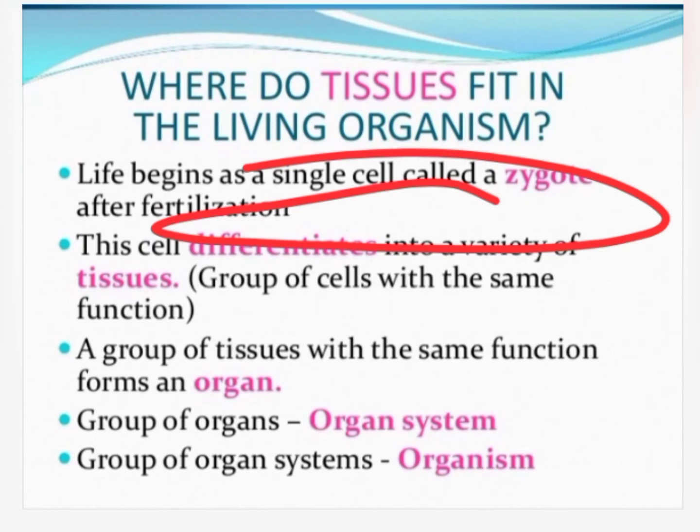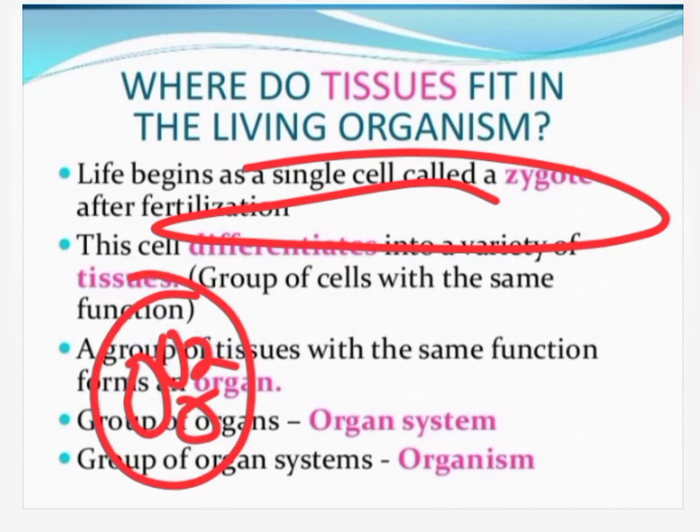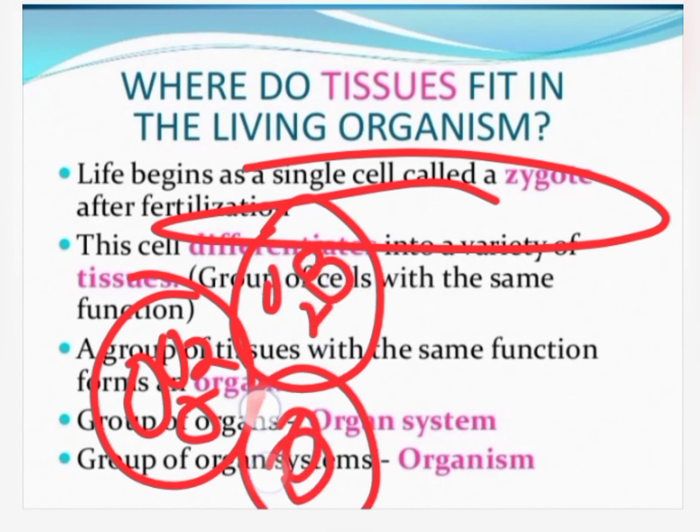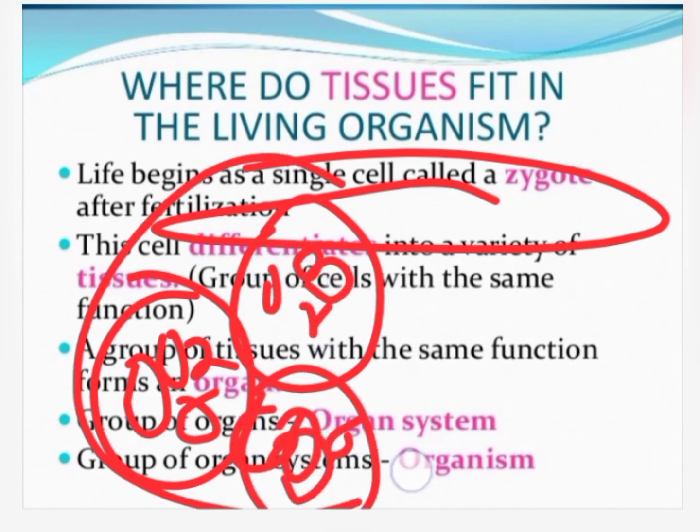There is cell division, then a unicellular zygote turns into a multicellular organism later on. Now, a group of tissues with the same function forms an organ. For example, there was a cell, and now a group of cells forms a tissue. Now a group of tissues results in an organ.